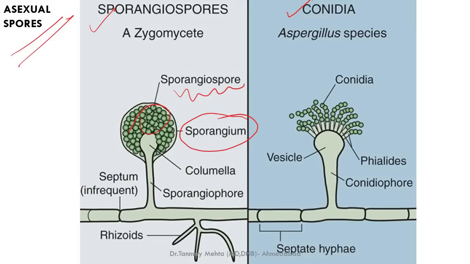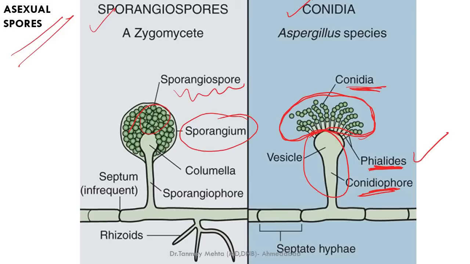And conidia are exogenous asexual spores, in which the spores are produced outside the fungal cell. There is an elongation from the hypha which is known as conidiophore, which gives rise to spore-producing cells known as phialids, and the spores which are produced asexually but outside the fungal cells are known as conidia.